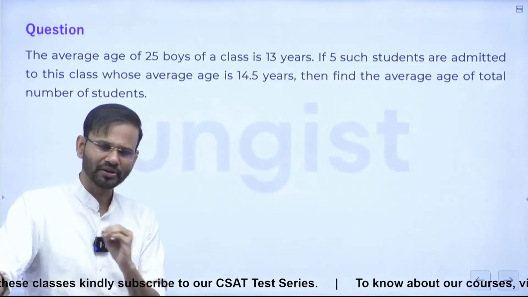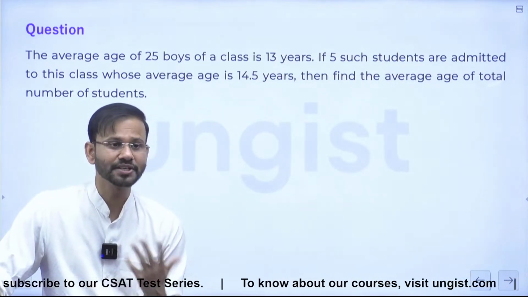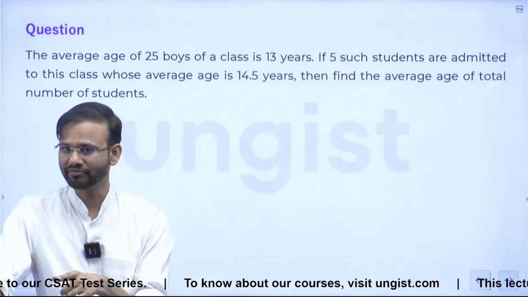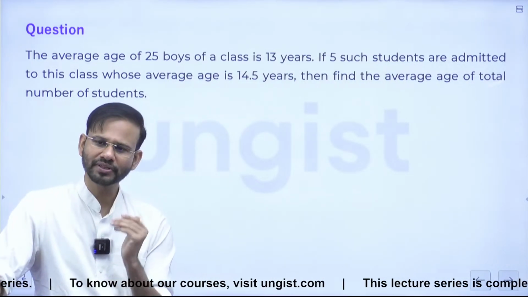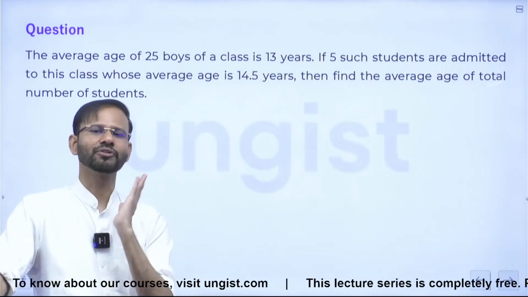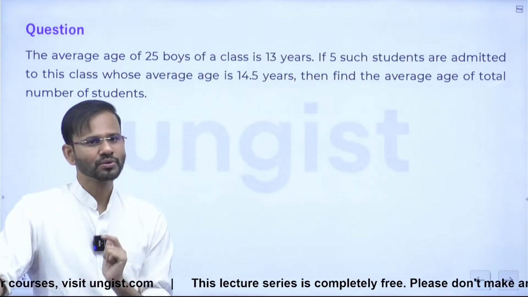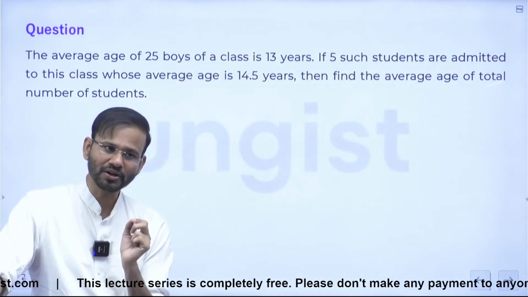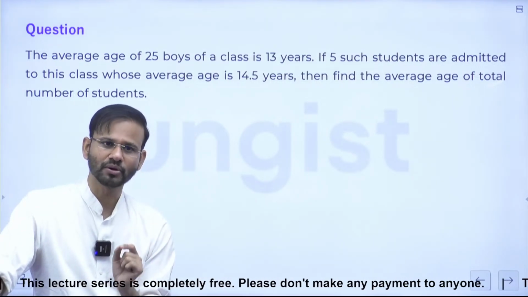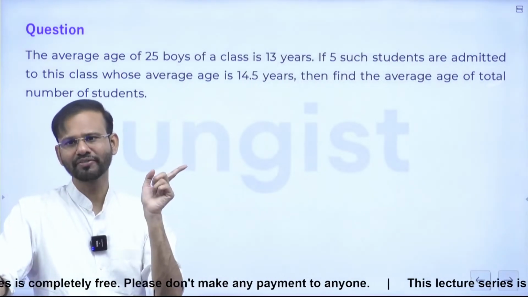So now friends, just think on it. What is the best case scenario if the average age of the 5 students is given as 14.5? So the best case scenario would be if you assume the age of each candidate as 14.5, correct? So if you assume the age of each candidate as 14.5, then what will be the contribution of each student? 1.5, because 13 is the old average.